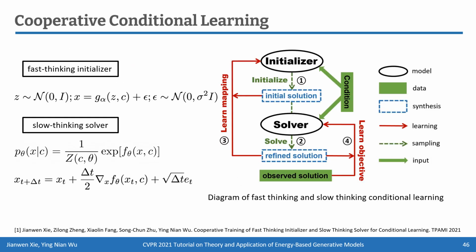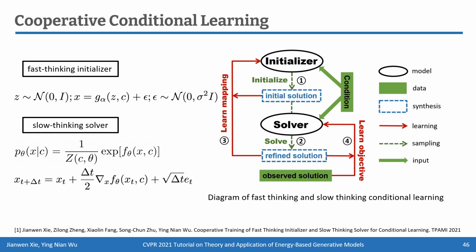The two conditional models are trained jointly in a cooperative manner, where the conditional generator serves to initialize the sampling process of the conditional energy-based model, while the conditional energy-based model refines the initial solution by an iterative algorithm.